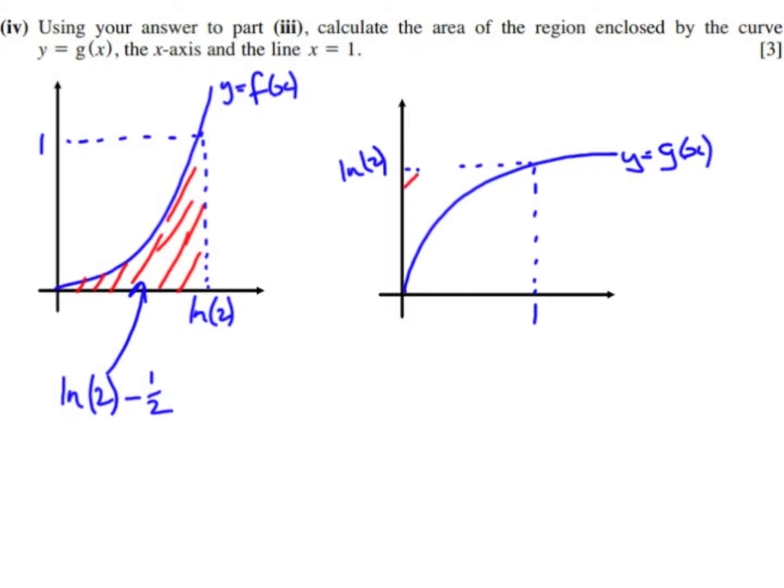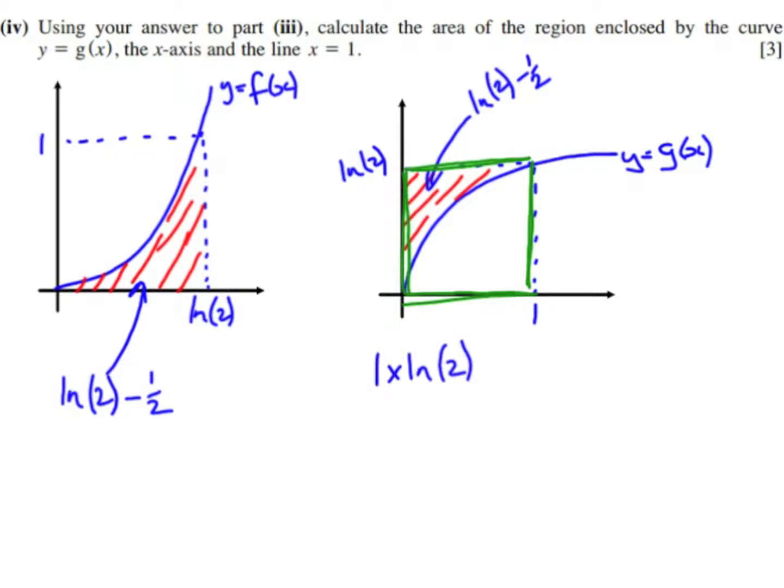And because they're inverses of each other, this red shaded area must be exactly the same as the red shaded area in the other diagram. It must be equal to log 2 minus a half, because it's essentially the same graph just reflected in y equals x. So to complete this question, we need to find the area of the green rectangle and take off the red shaded area, and that will give us the area under the curve between 0 and 1 on the x-axis.